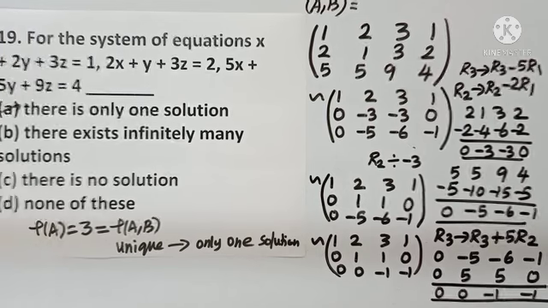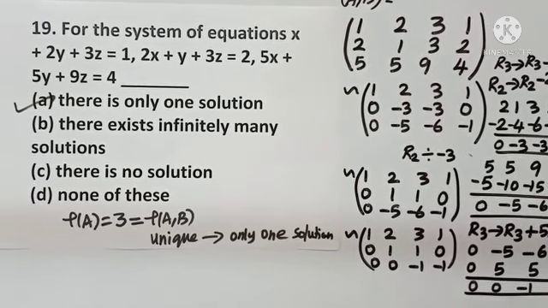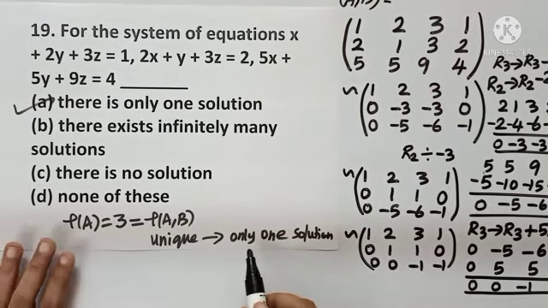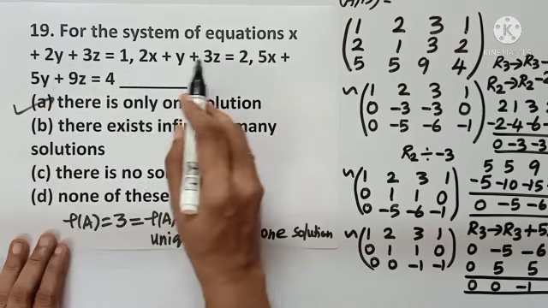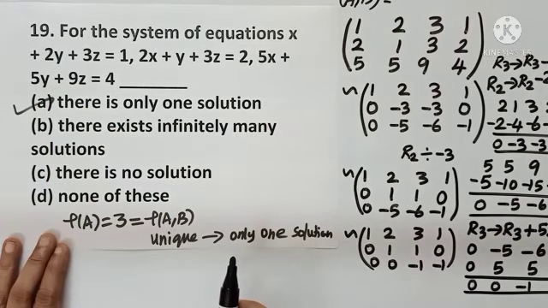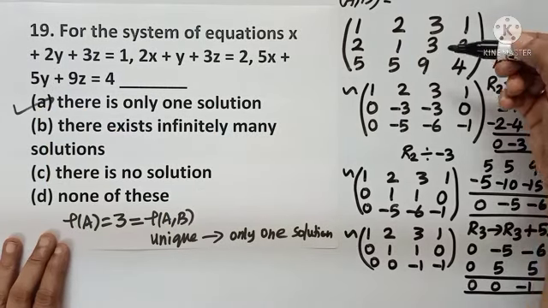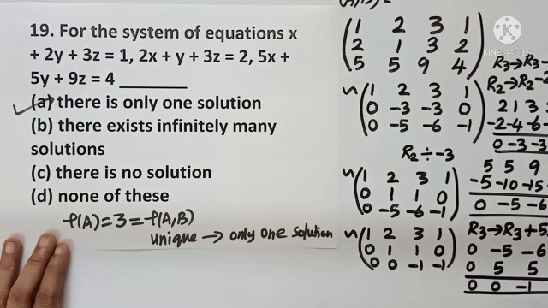Now, without using all this, I can directly decide about only one solution whenever the determinant of the LHS is not equal to 0. So this is one way of doing it with rank.